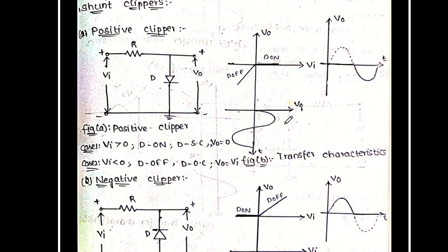So it can be written as 5 volts. Now take any voltage between 0 and 5. I will take some 2 volts as a reference voltage. So that 2 volts is applied here.